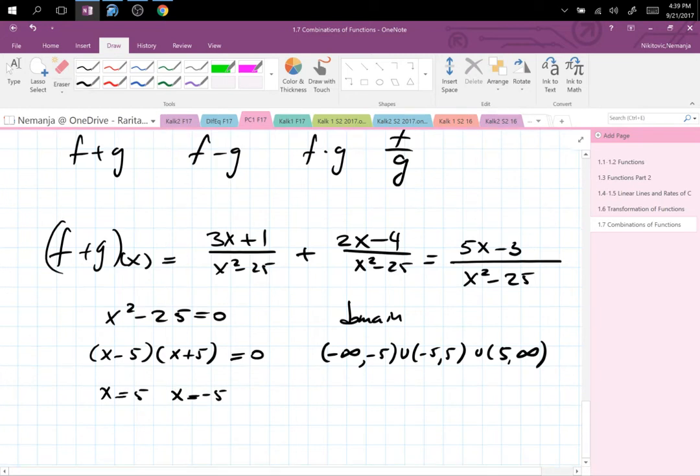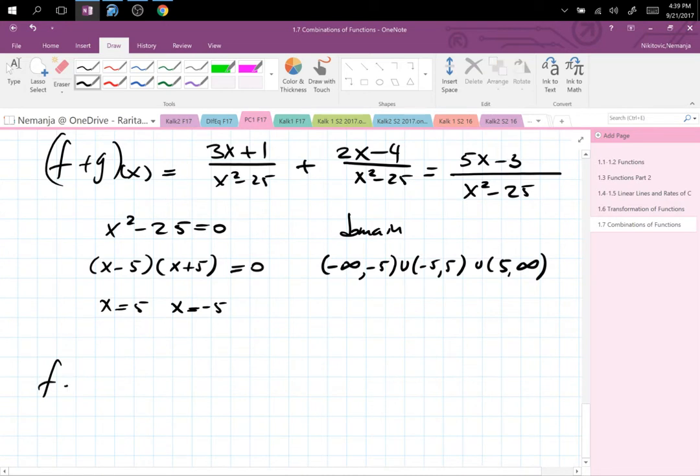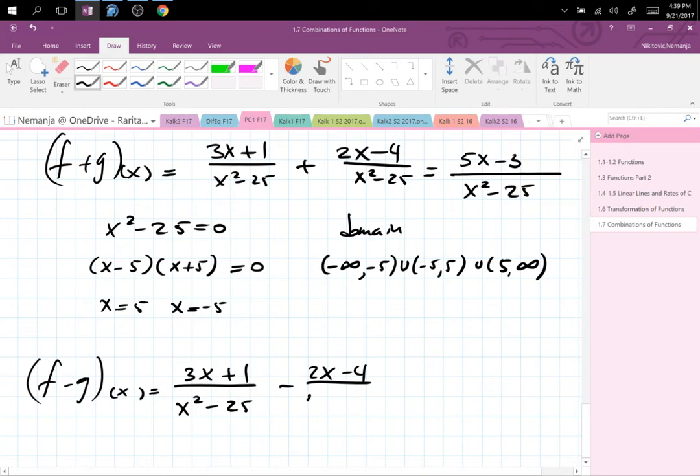So you see that the domain is from negative infinity to positive infinity, excluding negative 5 and 5. (f minus g)(x) is (3x plus 1) over (x squared minus 25) minus (2x minus 4) over (x squared minus 25). So this is going to be (x plus 5) over (x squared minus 25).